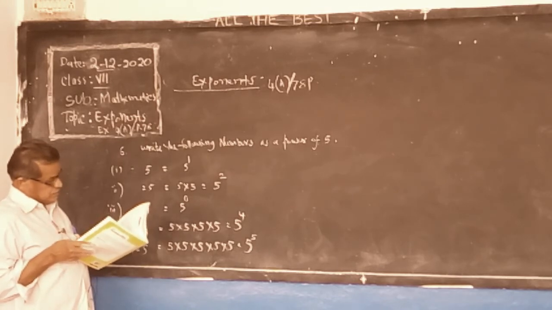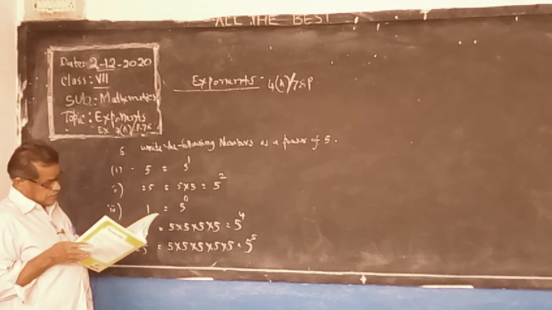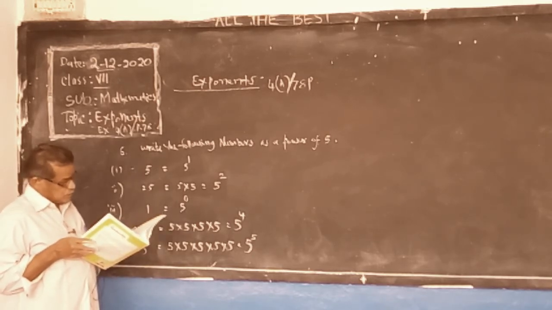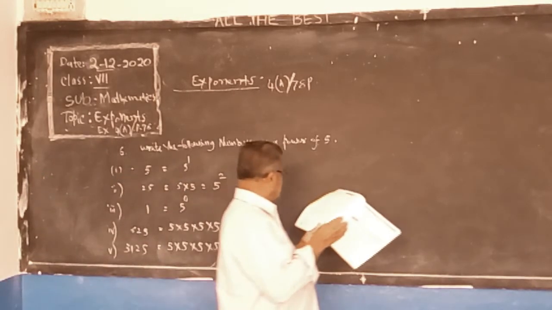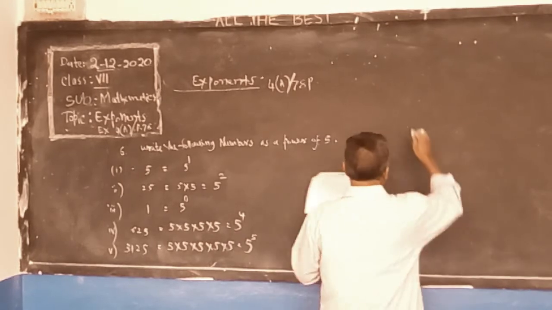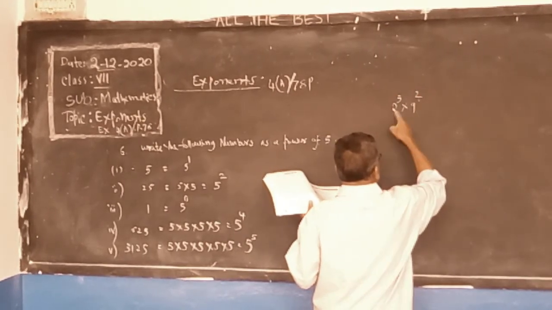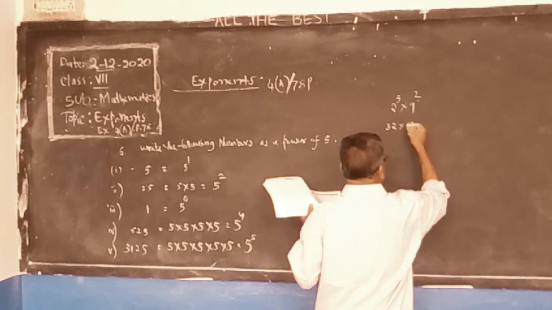A boy was asked to write 2 power 5 into 9 squared, but he wrote 2592. The numerical difference between the two is, see, one problem, multiple choice questions you have to do. 2 power 5 into 9 squared. 2 power 5 is 32, this is 81.